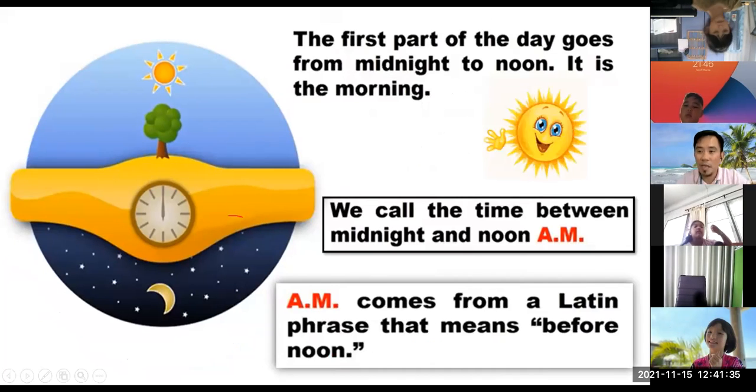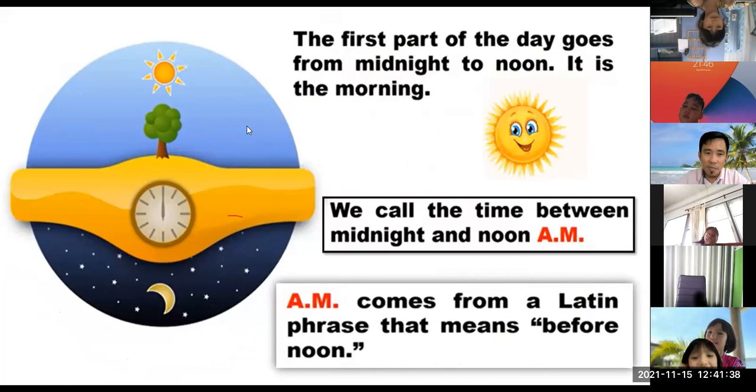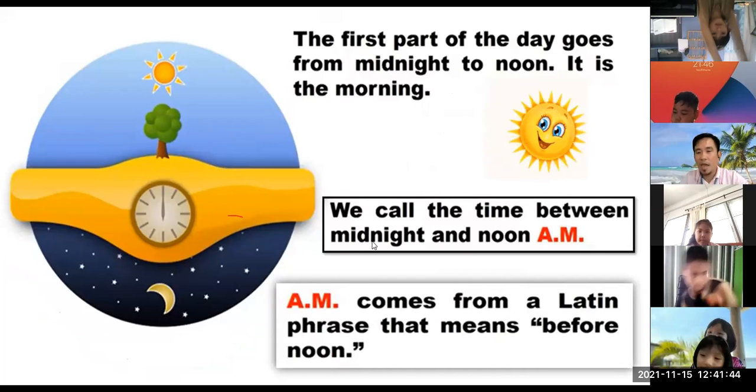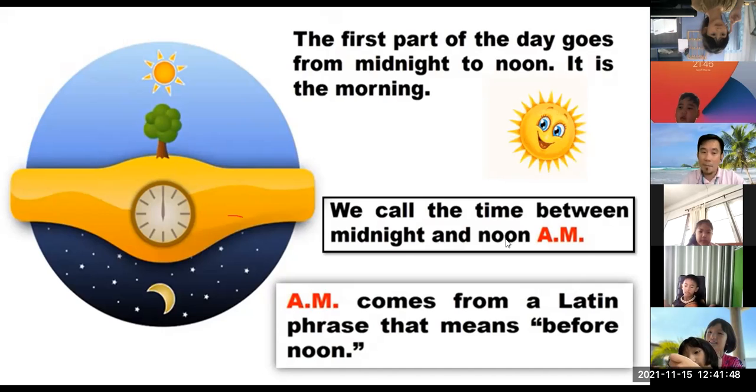The first part of the day, from midnight to noon, is the morning. We call the time between midnight and noon AM.